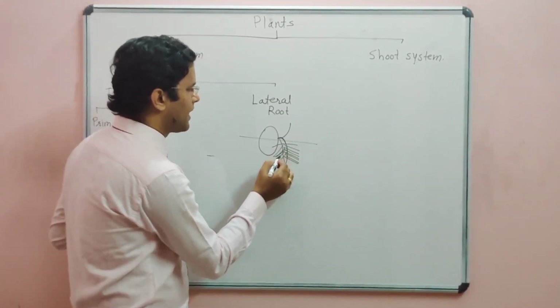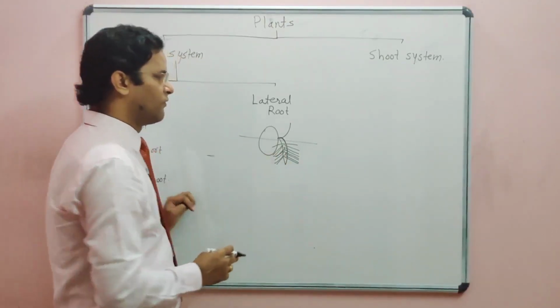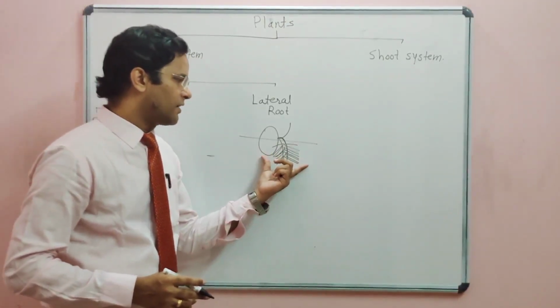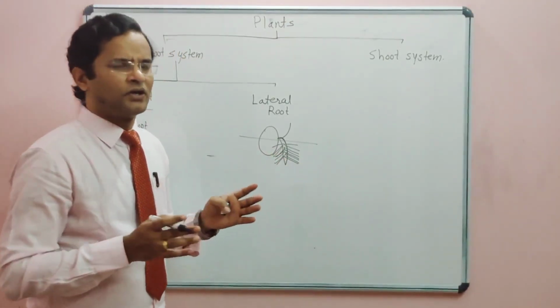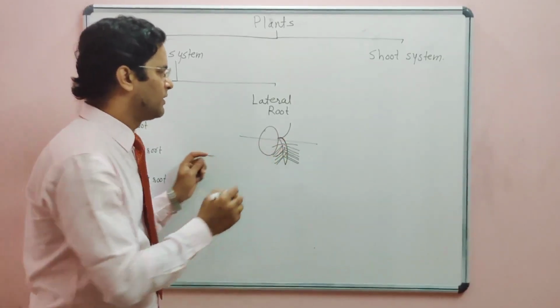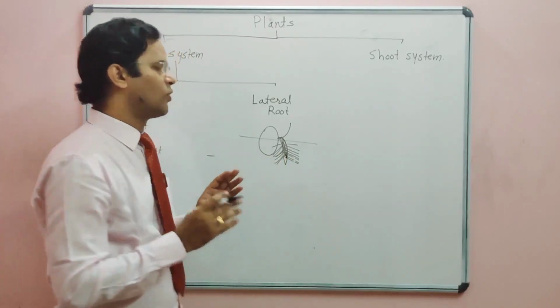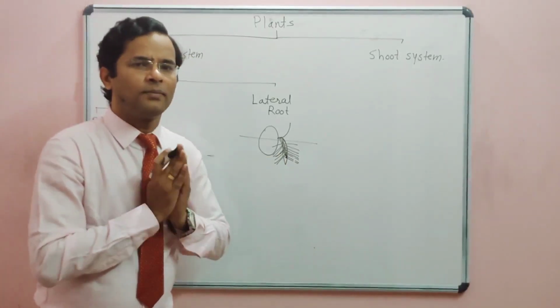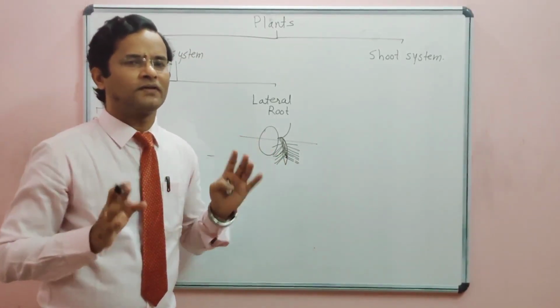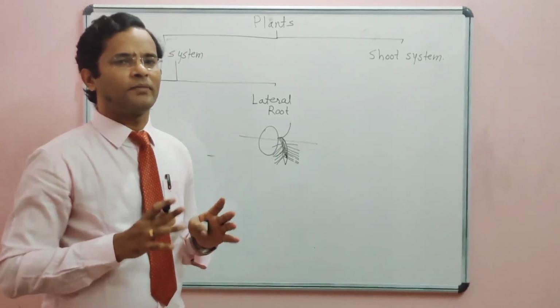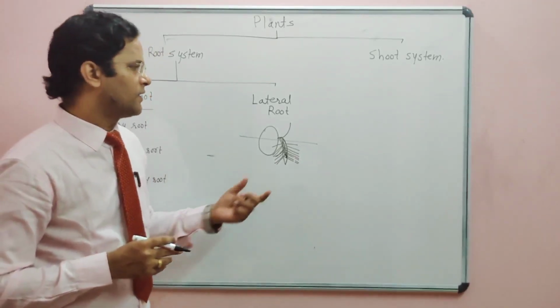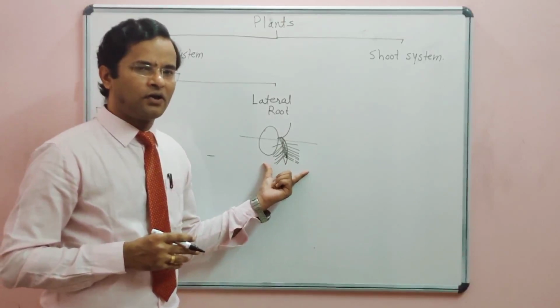When the lateral branches develop, the primary root will reduce in size. Only a small primary root will be there, and so many numerous fibrous branches are there, which are the advanced type of root system.